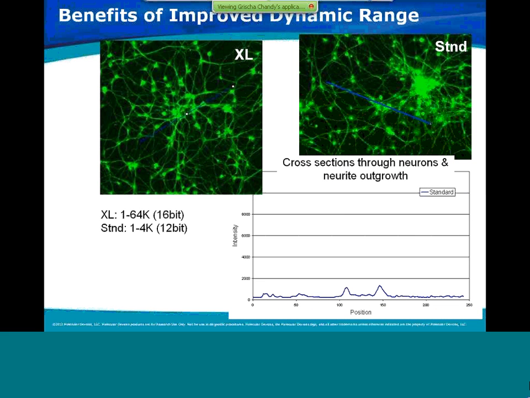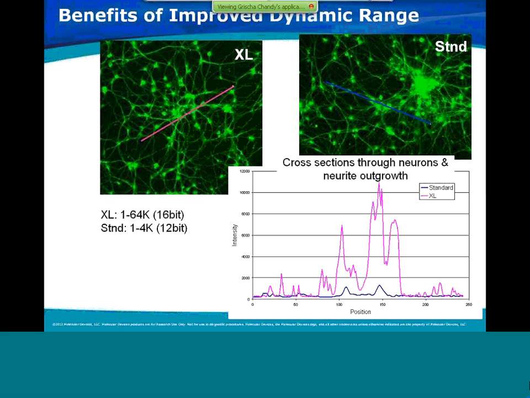If you do a line scan through that, you'll see that sometimes if you put it on a very big scale, it's hard to see those dim neurites with those bright cell bodies. Sometimes you'll overexpose the cell bodies to see the neurites. But with the XL product, with the scientific CMOS with a larger dynamic range and 16-bit digitization, you can see those very dim neurites in the background of bright objects.